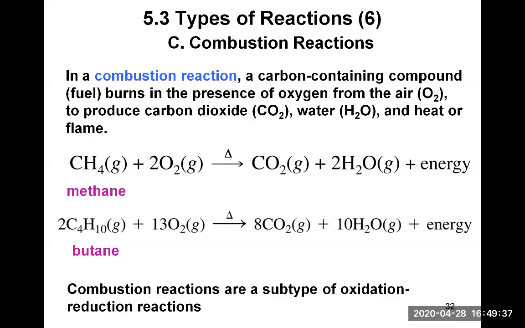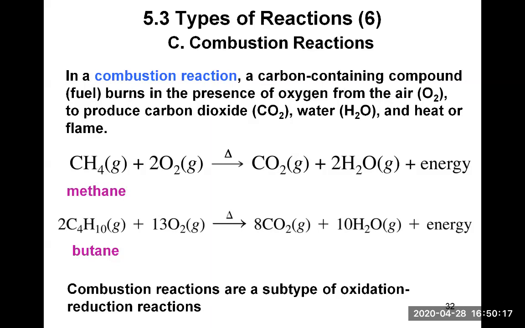So these are what we call exothermic reactions. They release a lot of energy, and that is the reason why we use them a lot. We take advantage of those combustion reactions for all kinds of energy needs. Because the carbon-containing compound, the fuel, can be anything like methane and butane in those examples, but it can be wood, wax, kerosene, gasoline, all the fossil fuels that we are using to get energy from, coal.